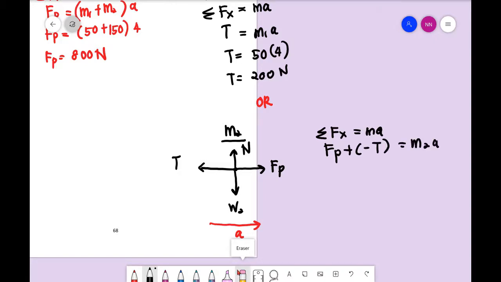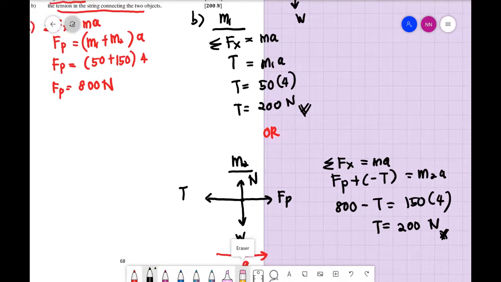So FP is 800 minus T, T is the unknown, equals M2 which is 150 times acceleration which is 4. So T equals 800 minus 150 times 4. So it is equal to 200 as well.